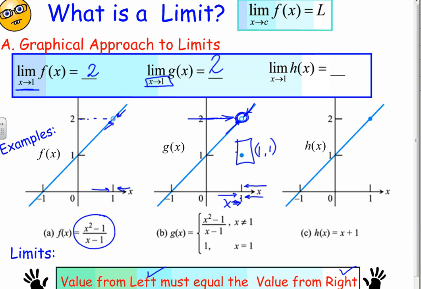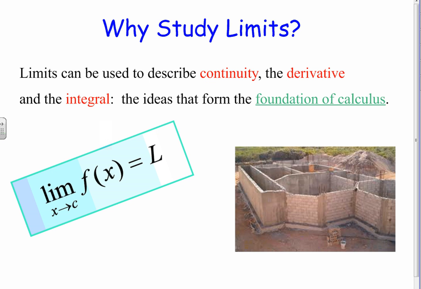Third one, see if you can figure it out. As x approaches 1, well, this whole thing really is just one solid line. They make a particular emphasis at 1 there. The value would be 2, but it's just another point on the line. Well, then as we approach 1 from the left or the right, we're driving in again at a height of 2. Left side, right side must agree.